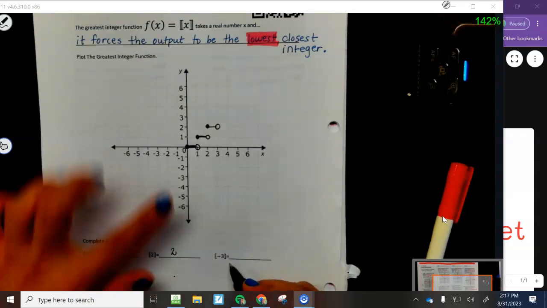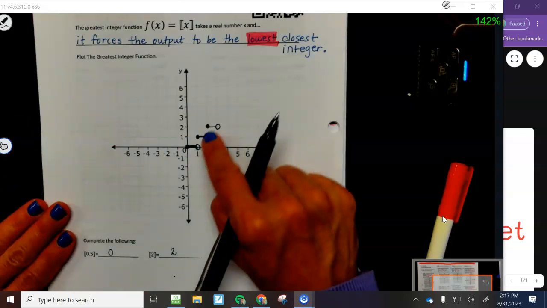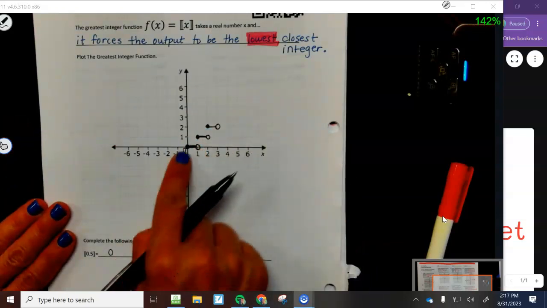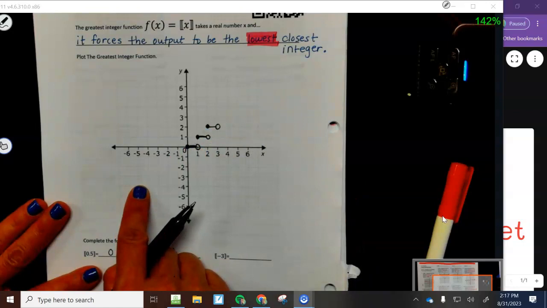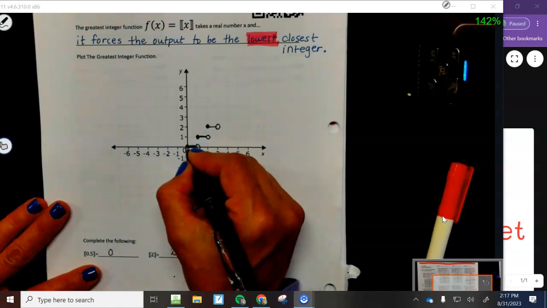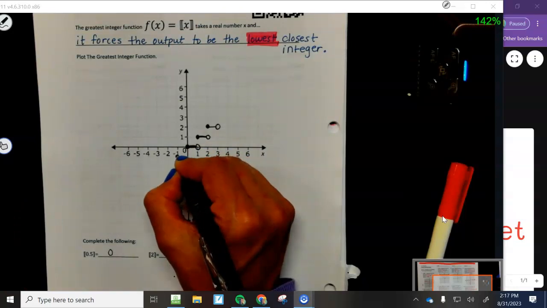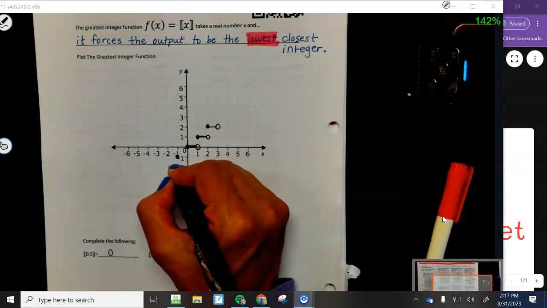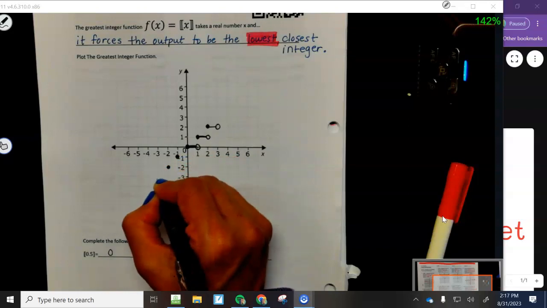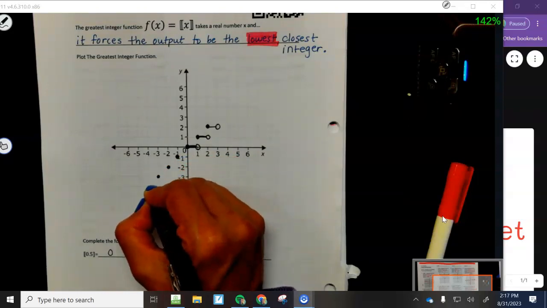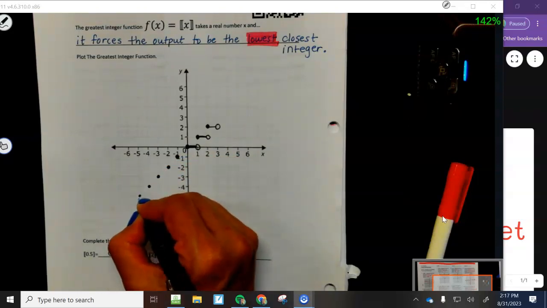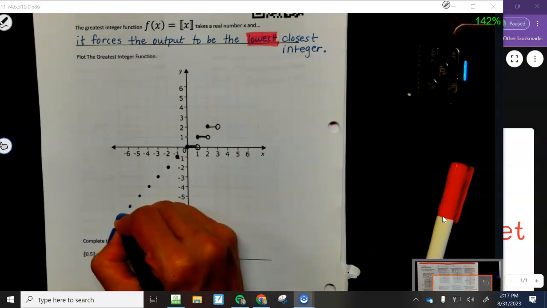Here's -3. I don't have any graph for -3. Let's continue this pattern down here to the opposite side of the origin. I have a closed circle here, guys. Go right down here and draw a closed circle. In fact, let's draw closed circles all along this diagonal.